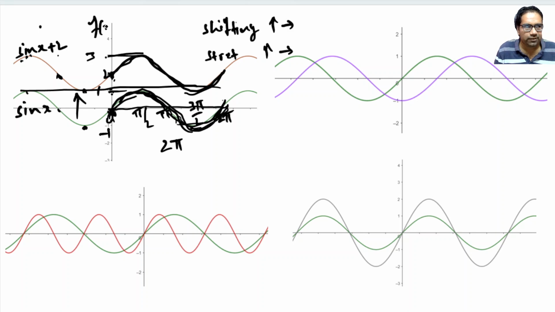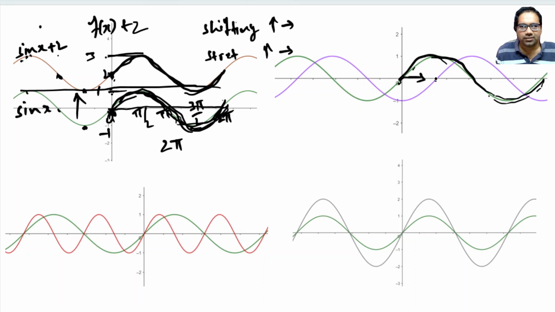If we have a function f of x, f of x plus 2 means the graph is shifted upwards. F of x minus 2 means the graph is shifted downwards. Shifting upwards. Then here, if you see again the same green sine graph, this is shifted rightwards.